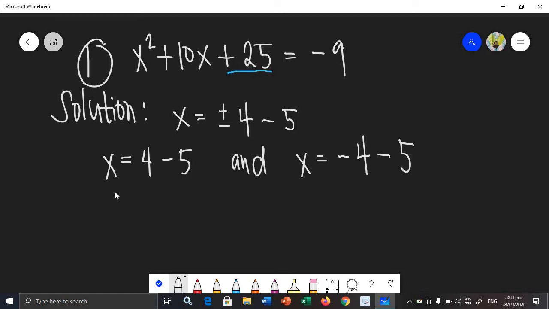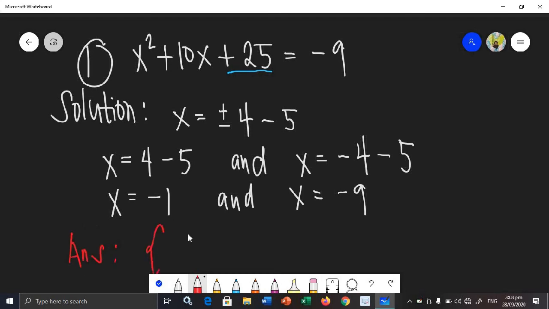Okay? So, solving this, we have 4 minus 5, that is negative 1. And then, x is equal to negative 4 minus 5, the answer here is negative 9. Therefore, our answer will be, in sets, negative 1 and negative 9.